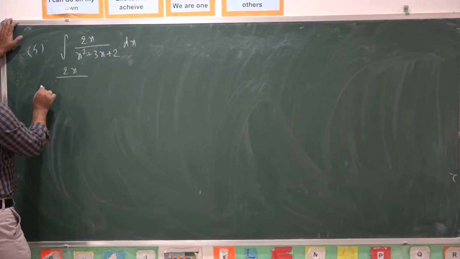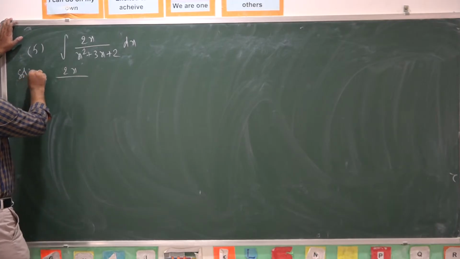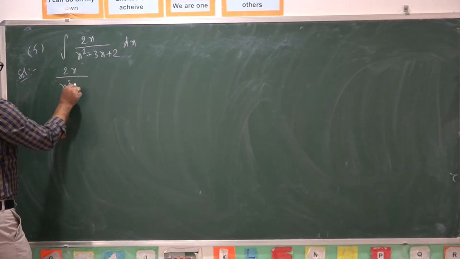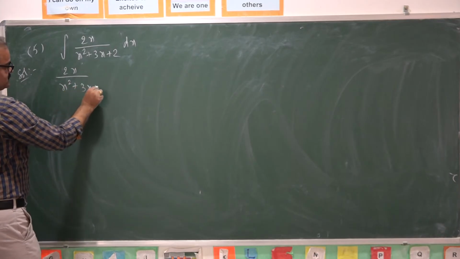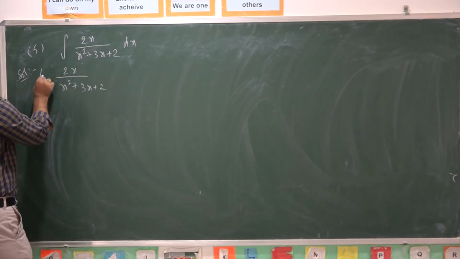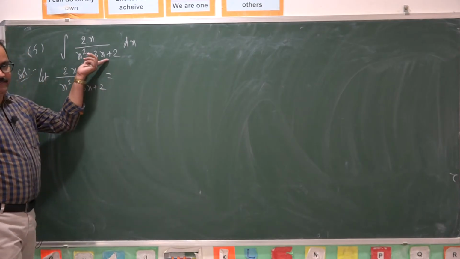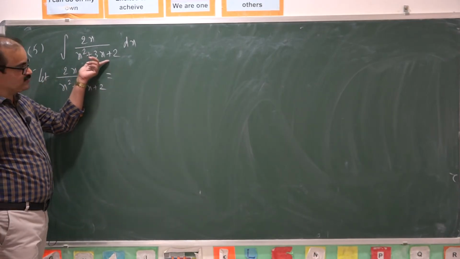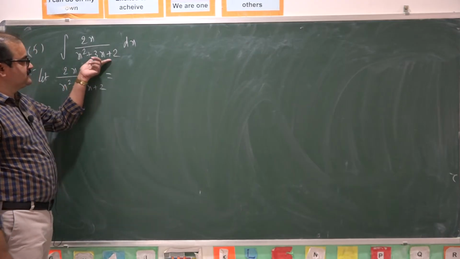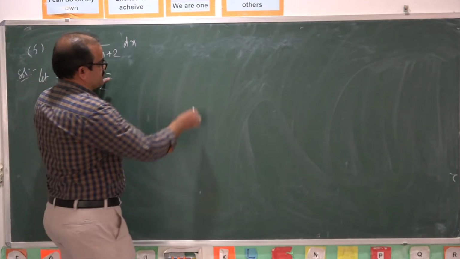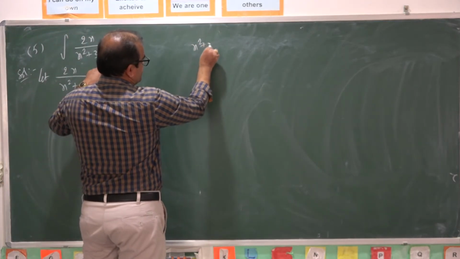Two x by x square plus 3x plus 2. Let it be: it is a quadratic factor, but it is reducible. We reduce this into linear factors, x square plus 3x plus 2.